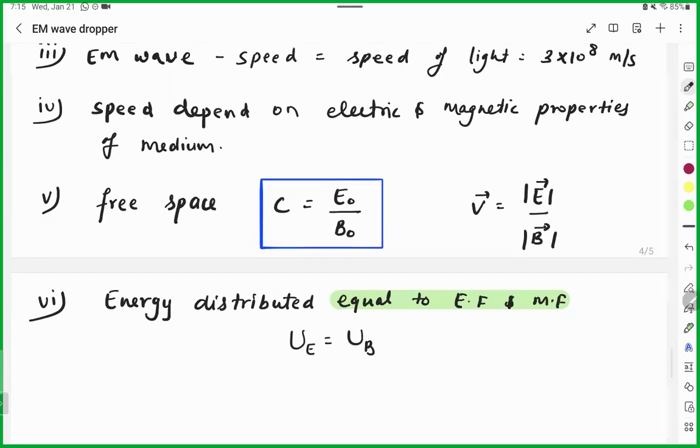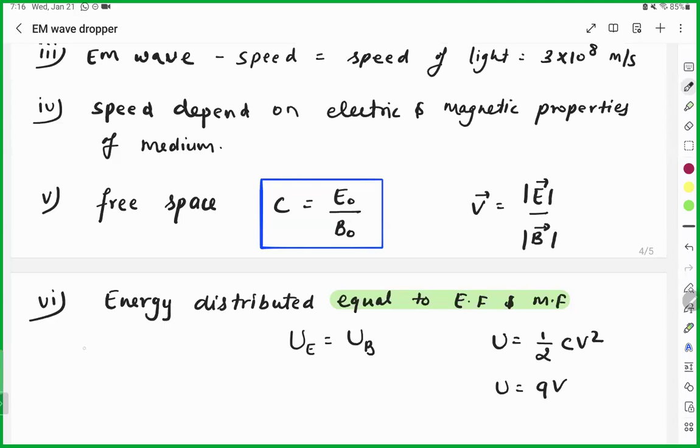Sarah, tell me what is the energy in the electric field? In case of a capacitor, half CV square is the energy stored in a capacitor, and in general, energy is equal to charge into potential. Right?